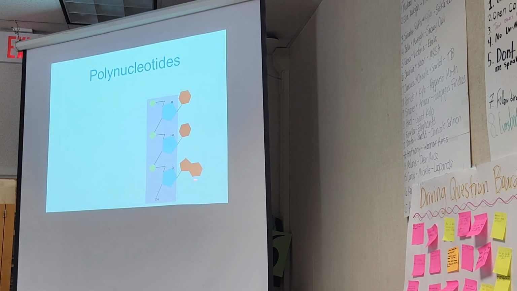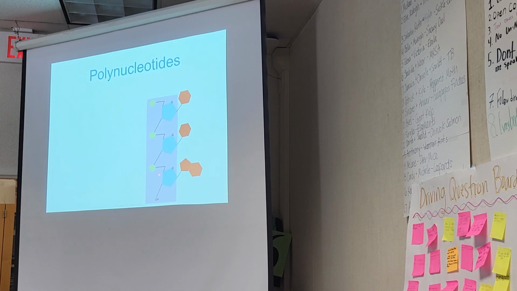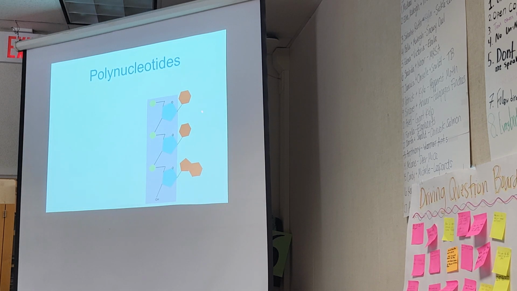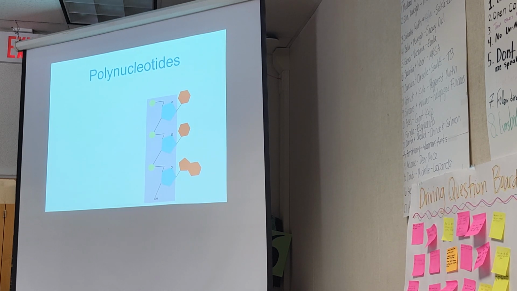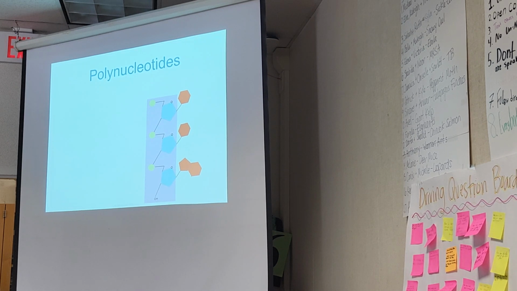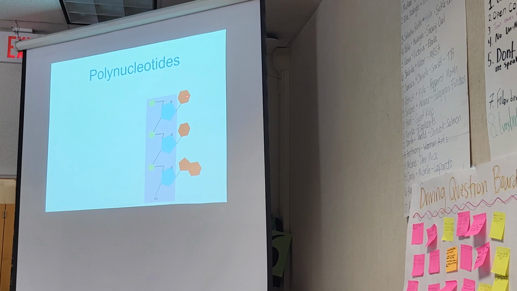So we've got our pentose right here. We've got our phosphate group. That makes this the nucleotide. What are the orange things? The nitrogenous base. Absolutely, right? So this, how many sides? 6.